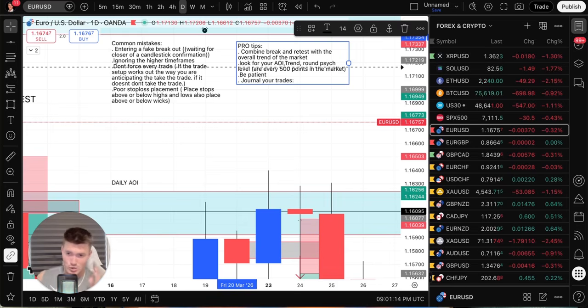Next is journal your trades, which I should do better at. I'm very bad at journaling my trades. I do it now and then, and the trade happens or it doesn't happen, and I move on. It's good to journal your trades, and I used to a lot when I was first starting out, but I get to a point where I either win or I lose, and then I just move on. But I need to do better at journaling my trades. When you journal your trades, I have found that you find what you are doing wrong. If you have a loss, okay, why did I lose?